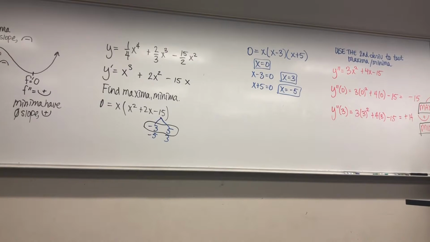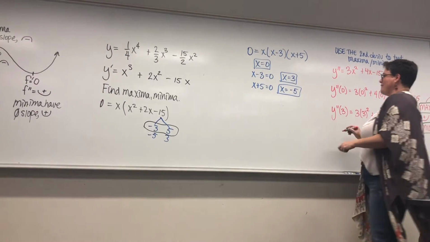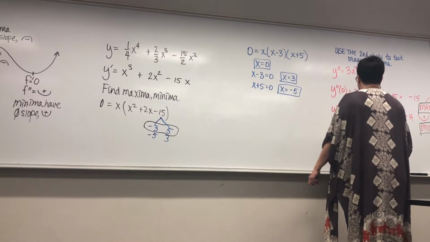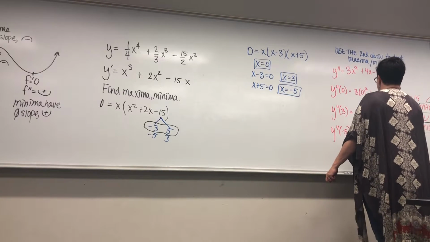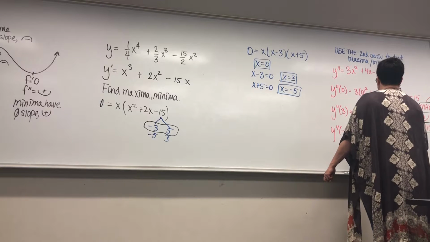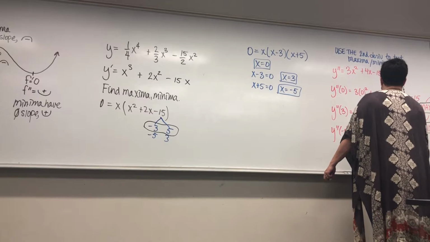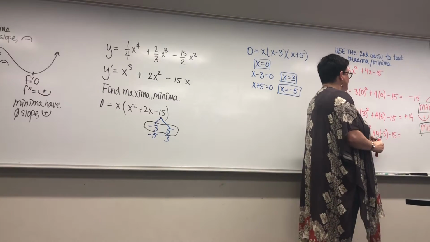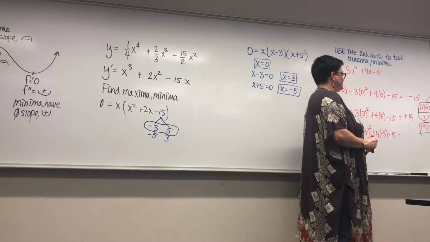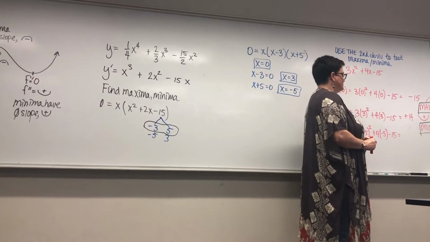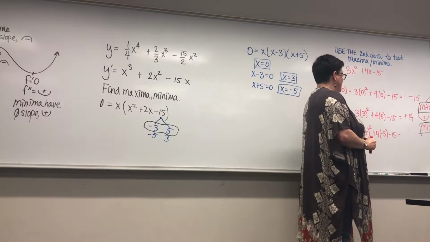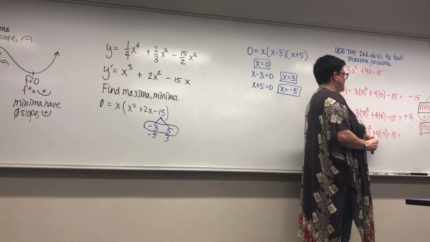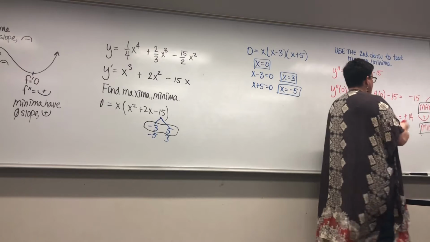So much fun. Let's test the next one. Y double prime at -5 equals 3 times -5 quantity squared plus 4 times -5 minus 15 equals 25 is 75 minus 20 minus 15 is positive 40.